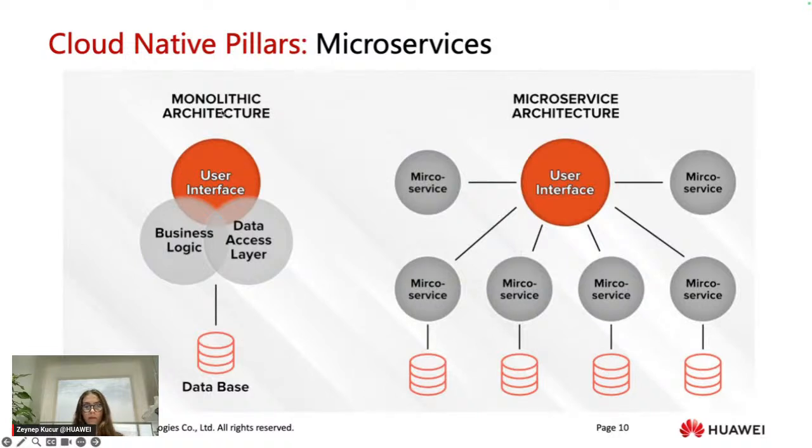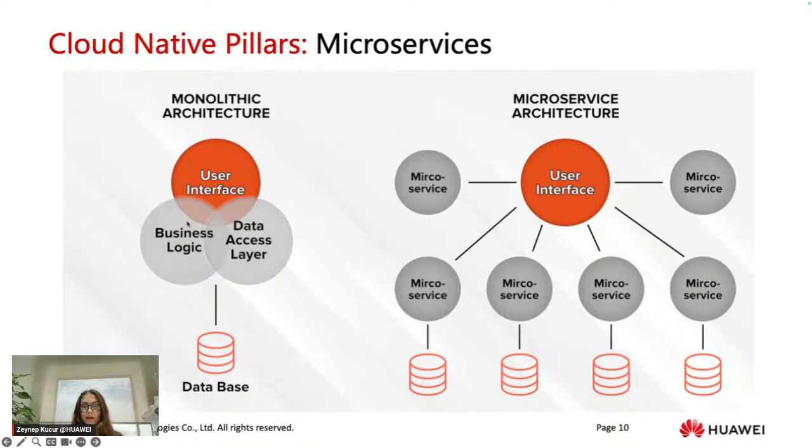So here we see a monolithic architecture and microservice architecture. In monolithic architecture, the entire application is built as one big unit. All the parts, like the user interface, business logic, and data access, are tightly connected and work together as a single piece. This approach can be easier to start with, actually, but as the application grows, it becomes harder to manage.